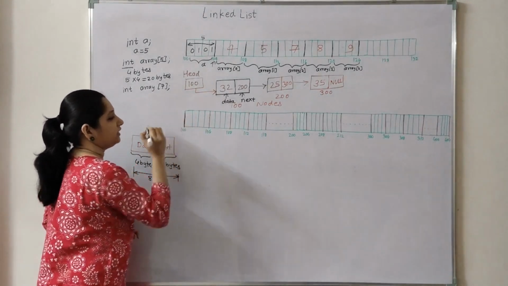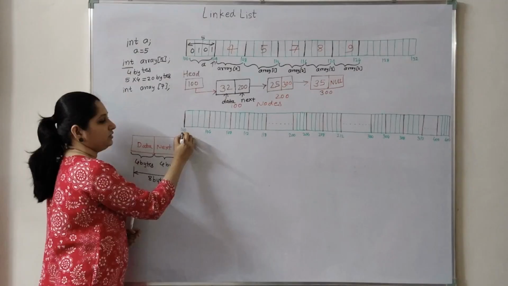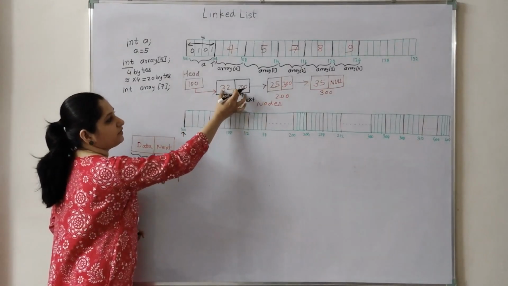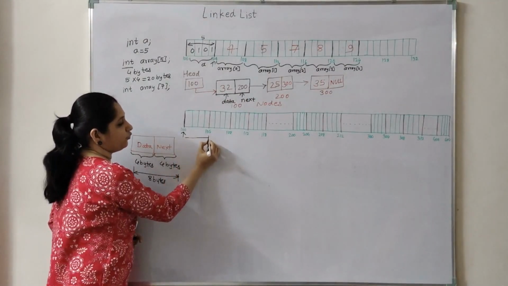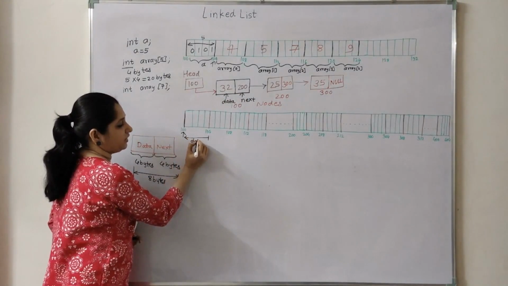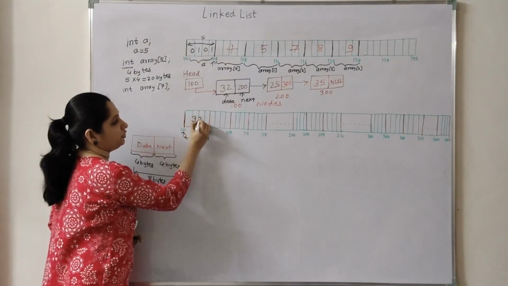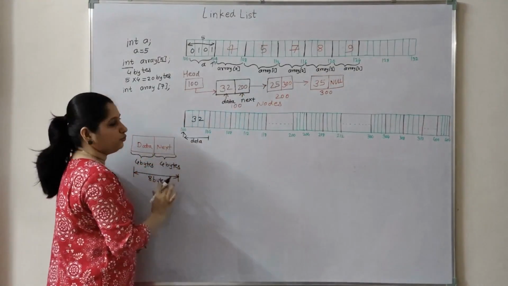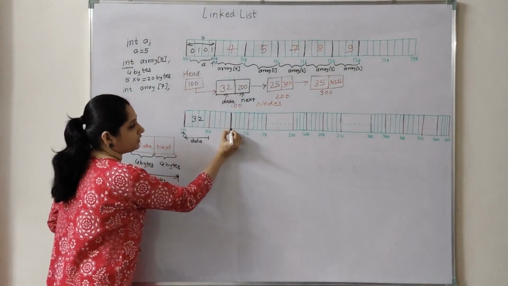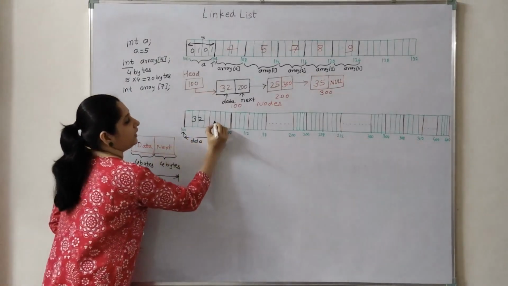So this is 100, the starting memory location where we are storing our value 32, and that 32 will require 4 bytes to store the data into memory. So 32 will be stored over here, and the address of our next node is 200, which will be stored in the next 4 bytes.